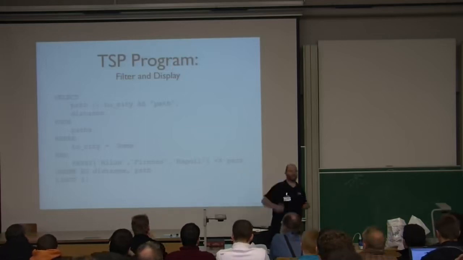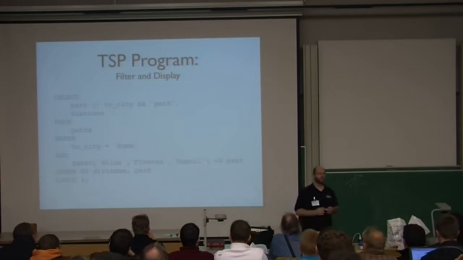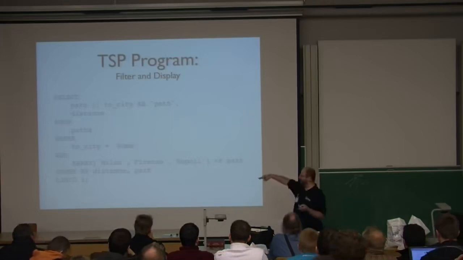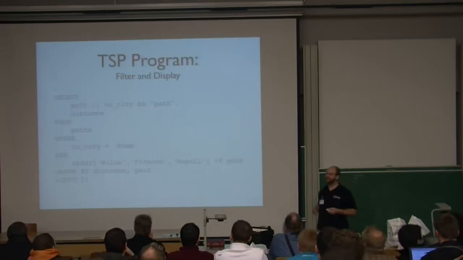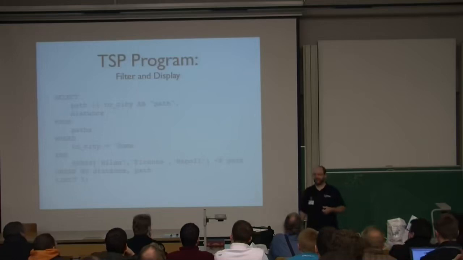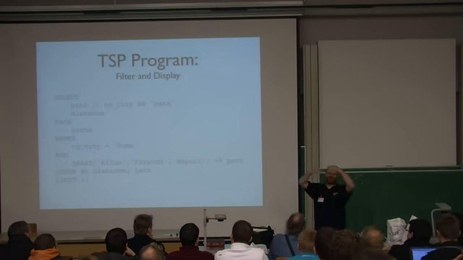Why would we do that? One answer was get the shortest pathway. We already took care of that by distance. Any other guesses why we would order by path along with distance? The answer was eliminate duplicates, and that's right, because if you go one way through a path and then go back the other way through the same path, they will have the same distance according to our model.